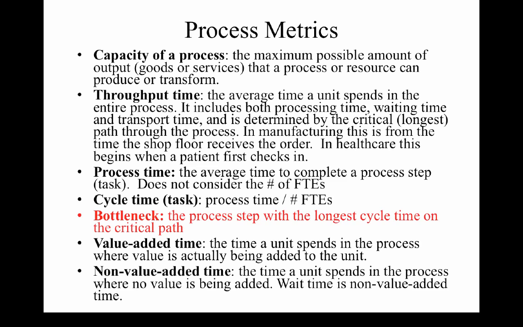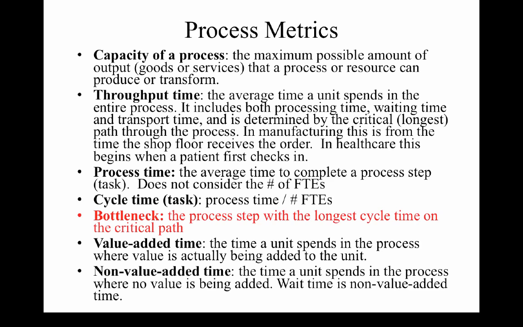Maybe there are two processes going on at the same time. So it's whatever process has the longest route. And the reason the bottleneck is so important is because if you can reduce that time, you can ultimately get people through your process faster.